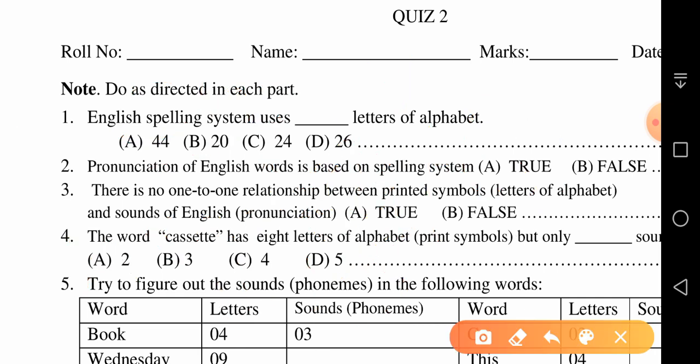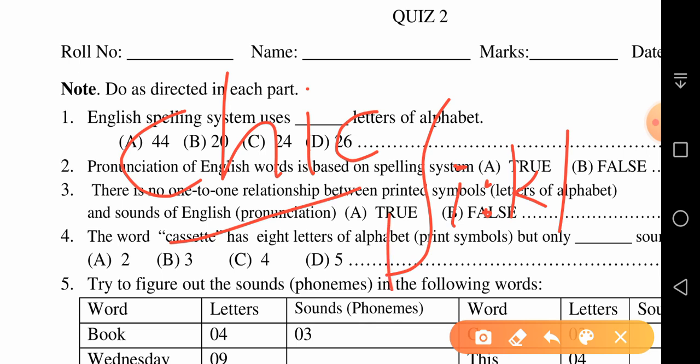And here is another spelling, C-H-I-C. I think this is a French word. It is pronounced as chic, like this. So it gives us the sound of Urdu sha.